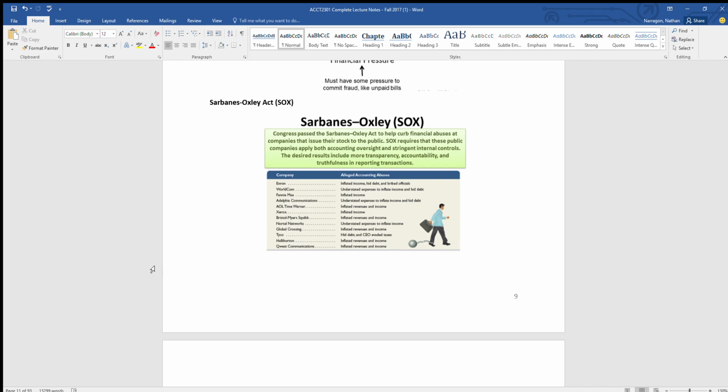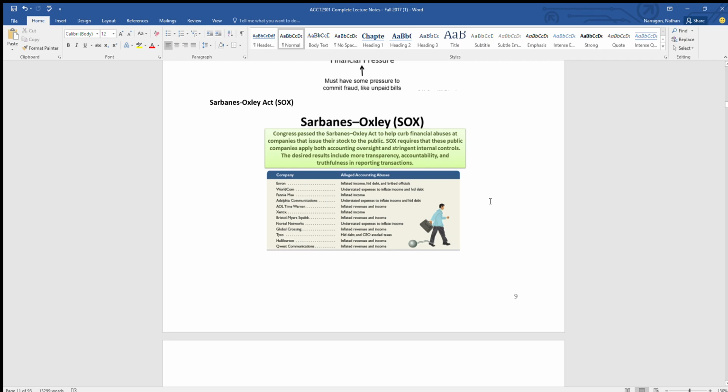But in the graphic right below here, this big old graphic with the ball and chain guy that's going to jail, you'll see some of the big companies that have been hit with accounting abuses, basically fraud. Enron right there again, and it'll actually tell you inflated income, hid debt, bribed officials.